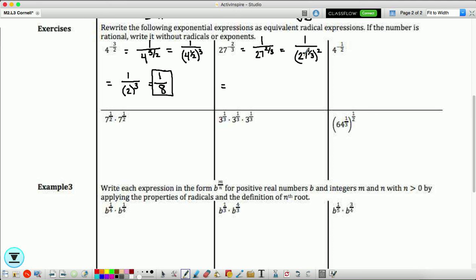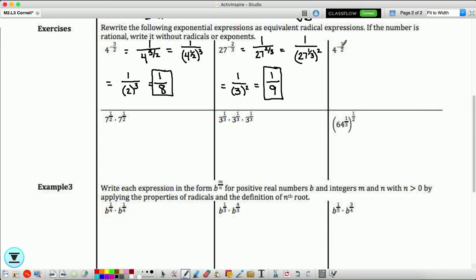And so 27 to the 1/3 means that I'm taking a cube root. The cube root of 27 is just 3, so 3 times 3 times 3 gives me that 27. But I still have that raised to the 2nd power, because I didn't account for that yet. And so 3 squared is 9. So this whole expression really just simplifies to 1/9.